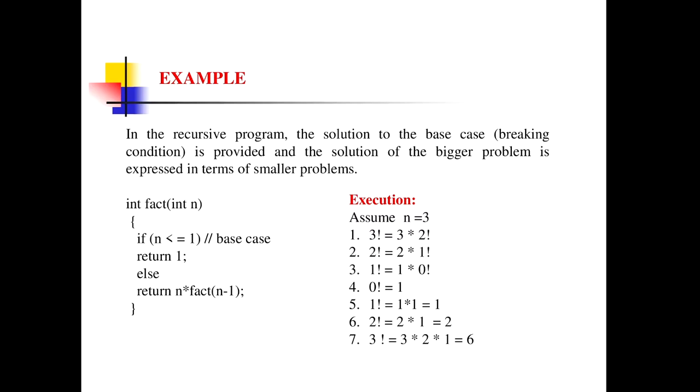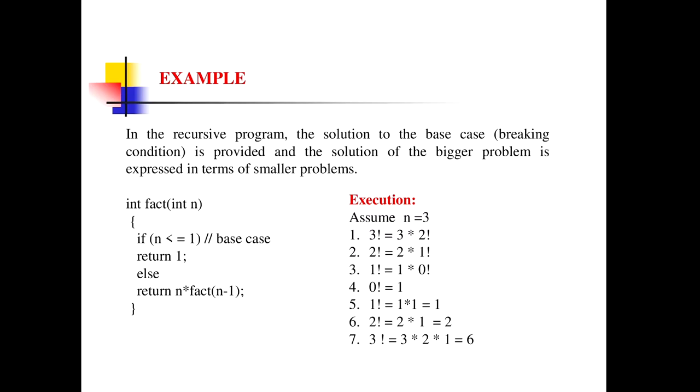First of all, the compiler checks if 3 is less than or equal to 1. No, the condition becomes false. So it directly jumps to the else part, and it returns n into fact of n minus 1. The value of n is 3, so 3 into fact of 3 minus 1, means 2, and therefore at the first point on the right side I write 3 factorial equal to 3 into 2 factorial.